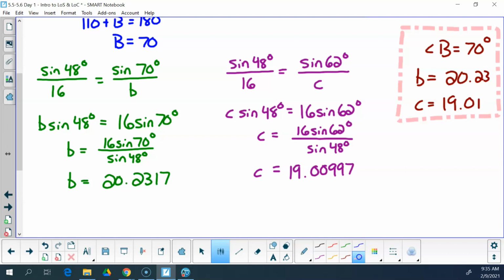And those three answers, along with the original three things that you were given, solve our triangle for us. Yes?